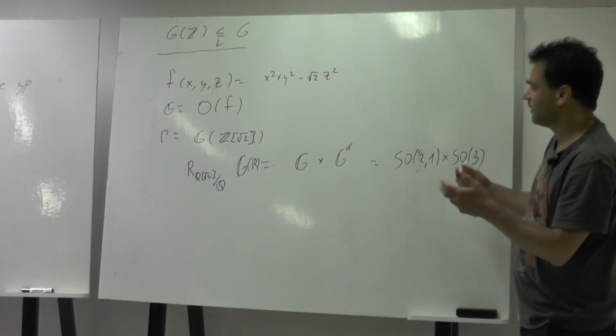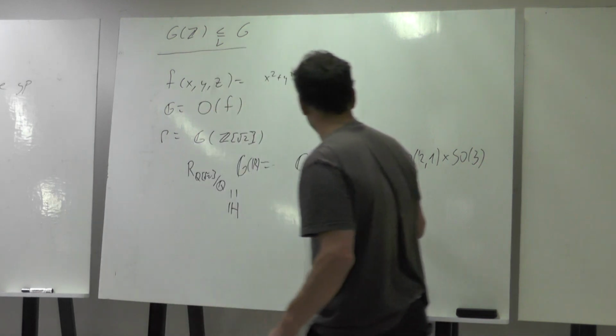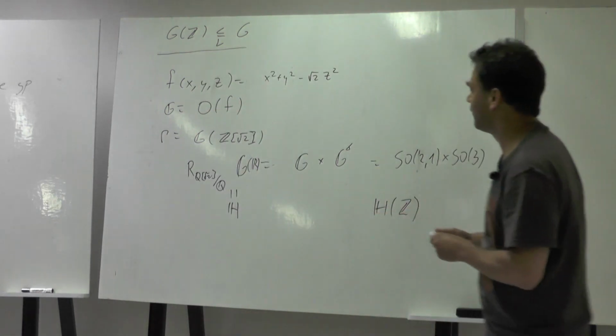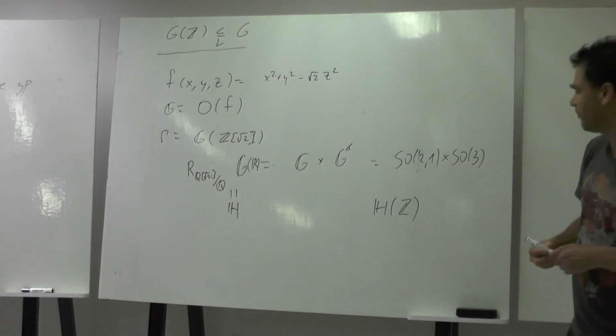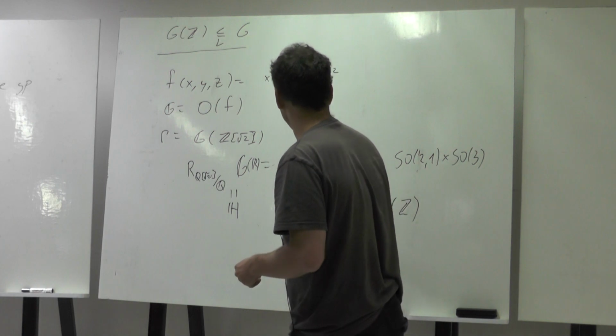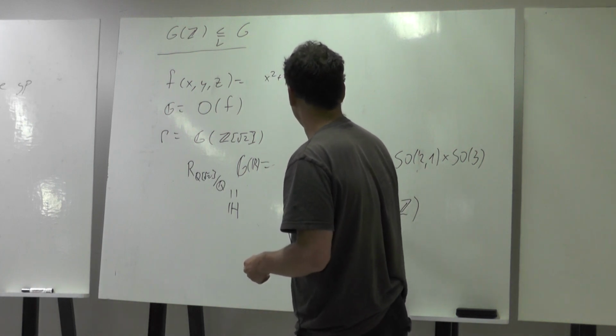And as Gil said, if you denote this group by H, it turns out that H(Z), if you define the restriction of scalars properly, is isomorphic to G of the ring of integers you started with.